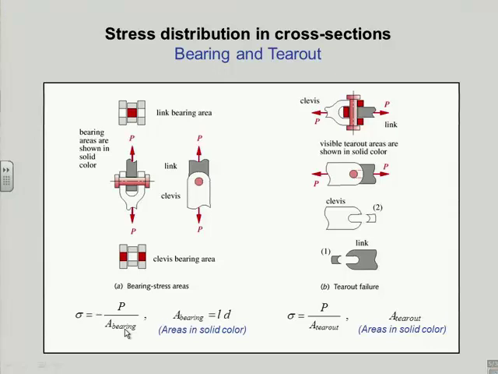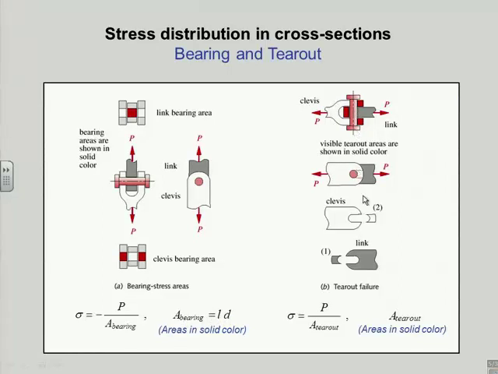So we average it out by saying, let's call it the diameter of the pin times the length of the engagement. Again, it's a simplifying assumption. And we do a lot of that in this business. And we get down to a simple formula. So the area of the bearing is simply length times diameter.